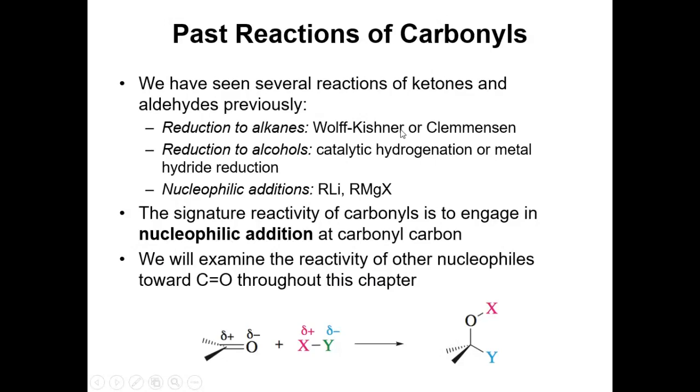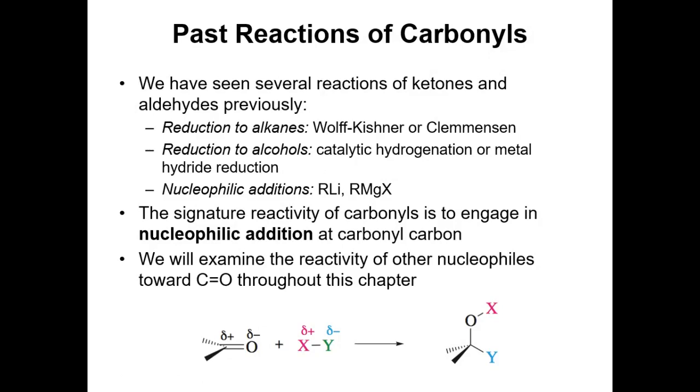Because of their mechanisms, they're not involved in later reactions, so we didn't talk about them. But in chapter 16 we also learned reactions where the carbonyl group is reduced to alcohols: catalytic hydrogenation, sodium borohydride, and lithium aluminum hydride.